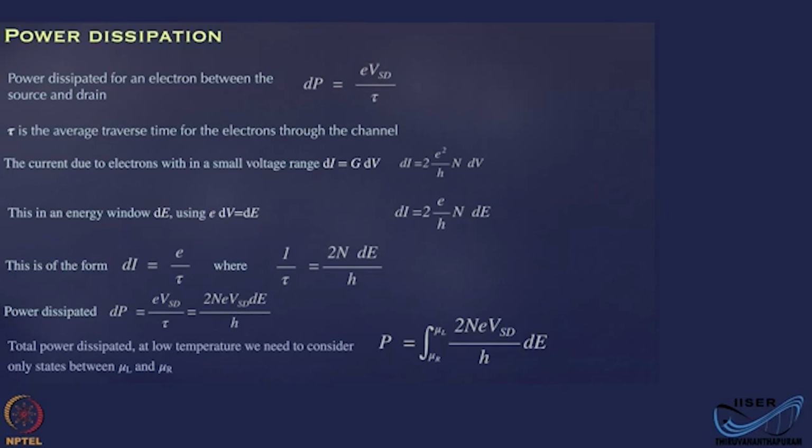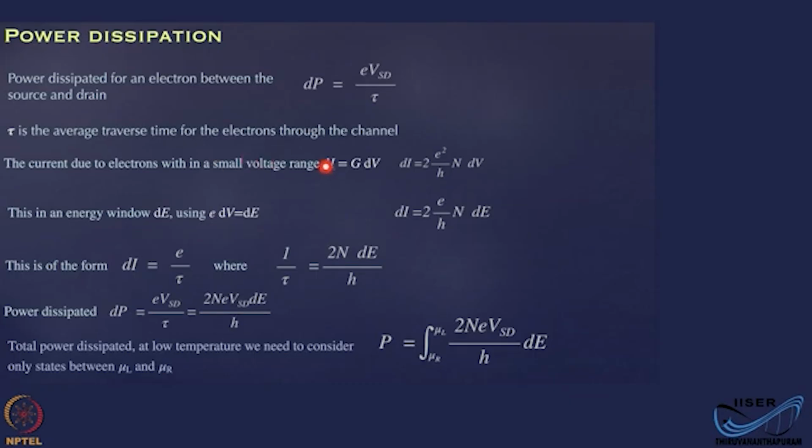Now, let's look at what the current is. We want to calculate the power, so we have the voltage now, and we need to know the current. Then we can calculate the power from that. So the current due to this electron in this small voltage range, the assumption here is eVSD is always small, much smaller than the width of the Fermi distribution.